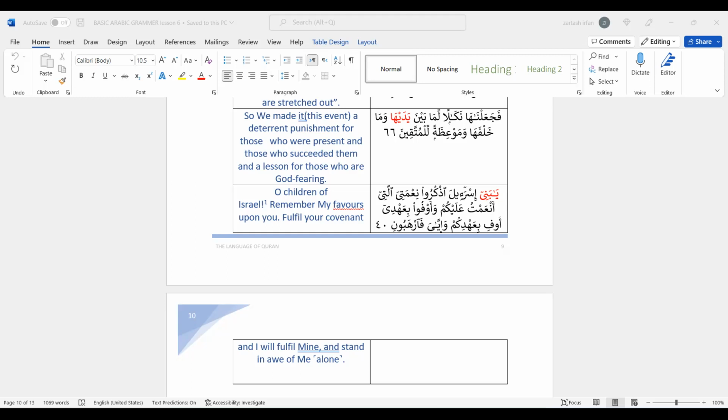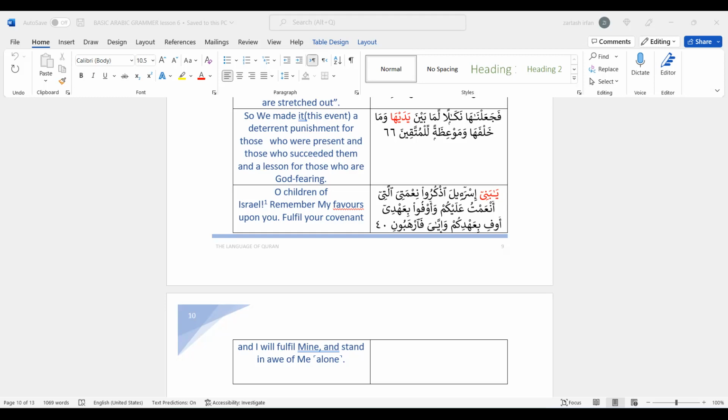When you see an ismul ishara at the end of this kind of phrase, you will automatically understand that it is pointing to the mudaf.